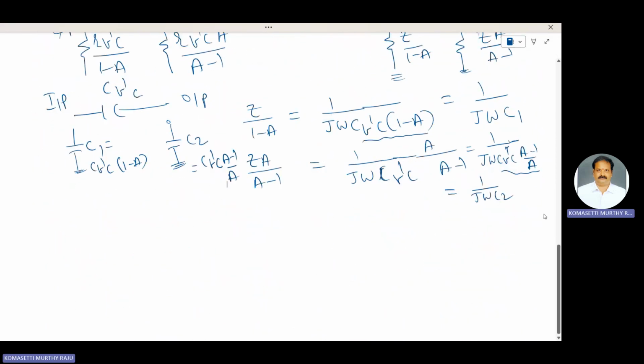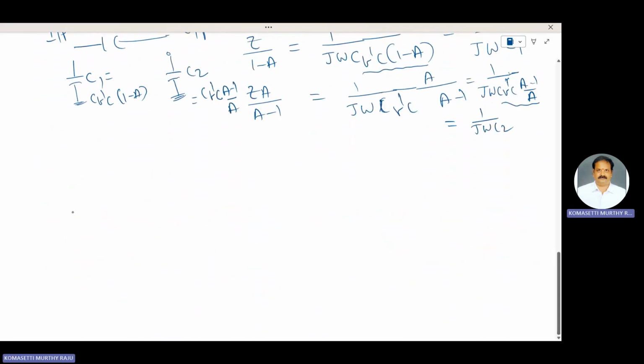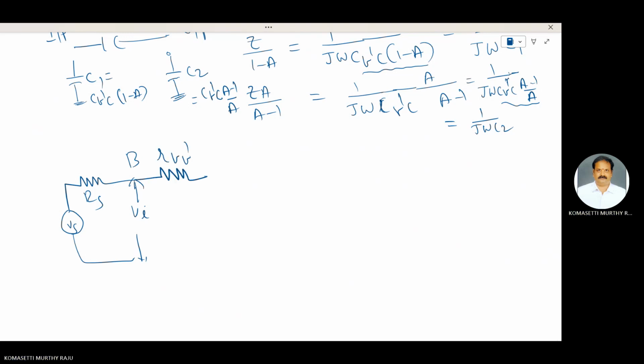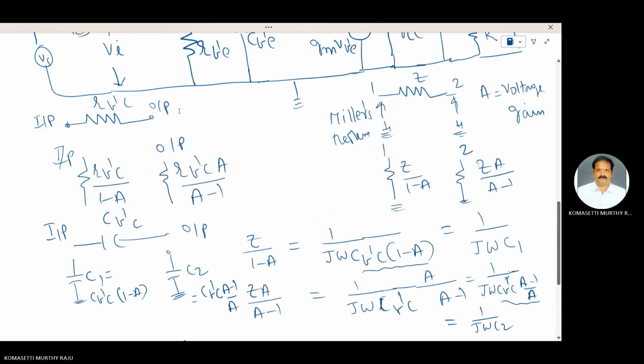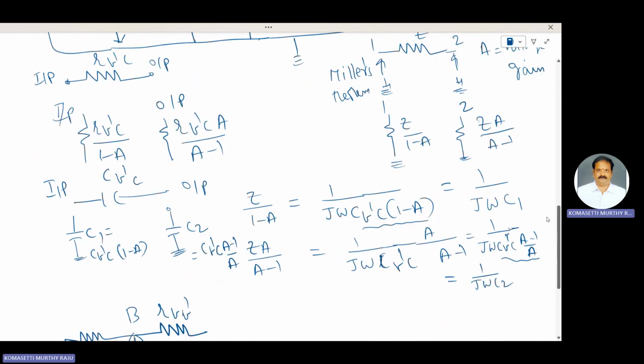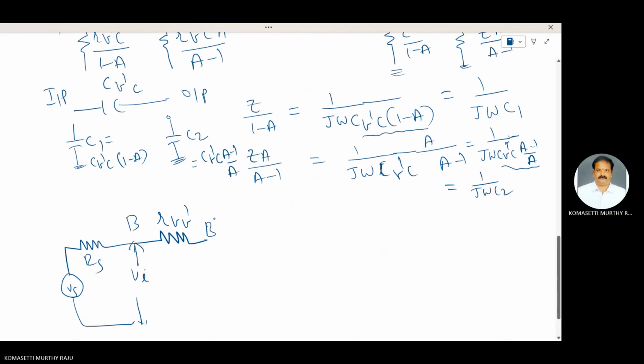Therefore, this circuit is replaced with an equivalent circuit. Here is Vs, Rs, Vi, and at the base terminal RBB', then RB'E, the base spreading resistance.